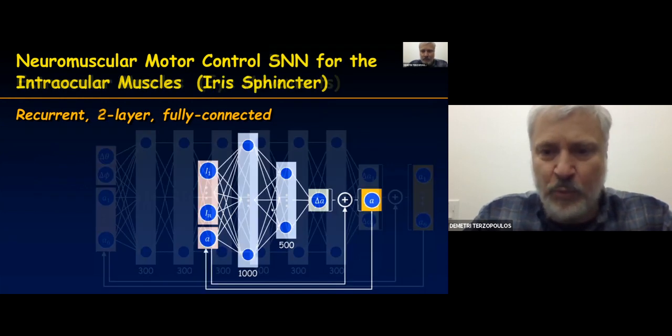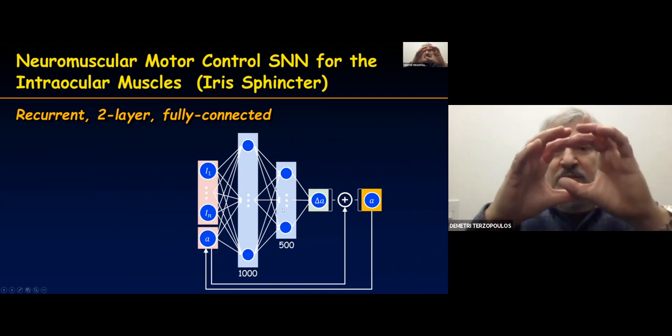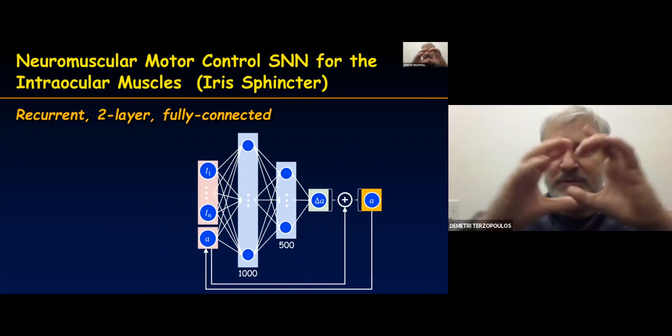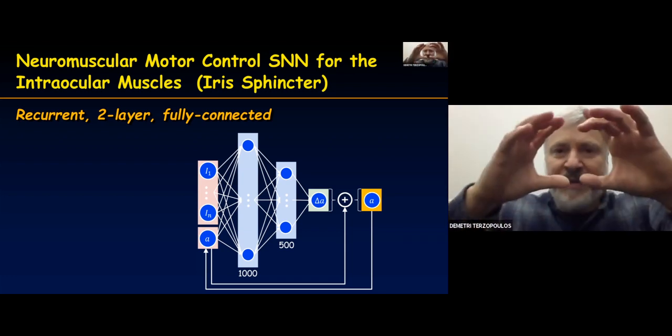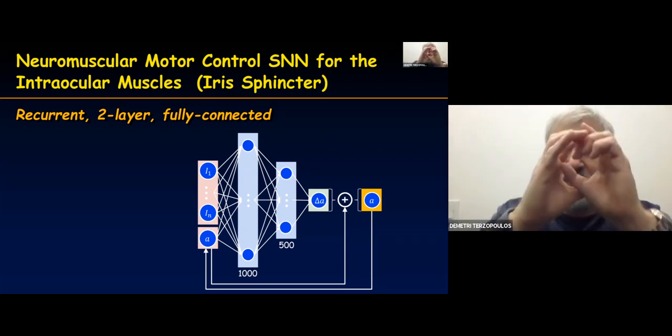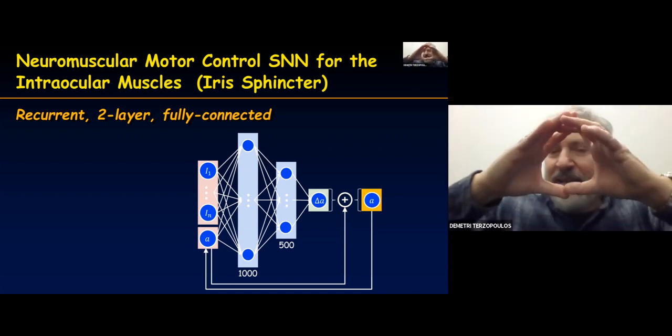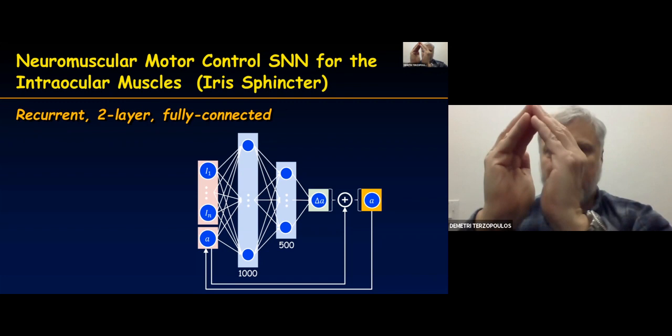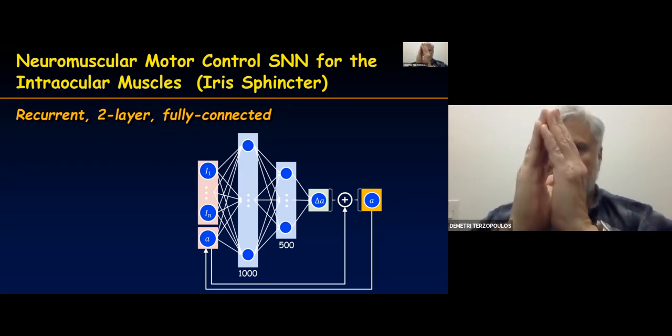Here's the shallow neural network, because the sphincter muscles for the iris and the lens are just 1 degree of freedom muscles. You know, it's just like a sphincter, and activating it just kind of dilates the pupil or contracts the pupil or pulls on the lens, and the lens goes from being round like this to being like that.